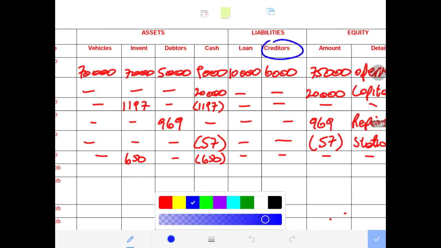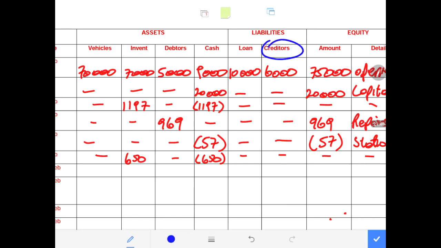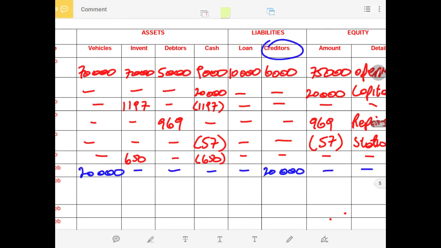Those creditors must increase by the amount of 20,000 rands because we did not pay for this motor vehicle. We bought it on credit. Therefore, our motor vehicle must increase by the value of the asset that we just bought on credit, and the amount is 20,000 rands.